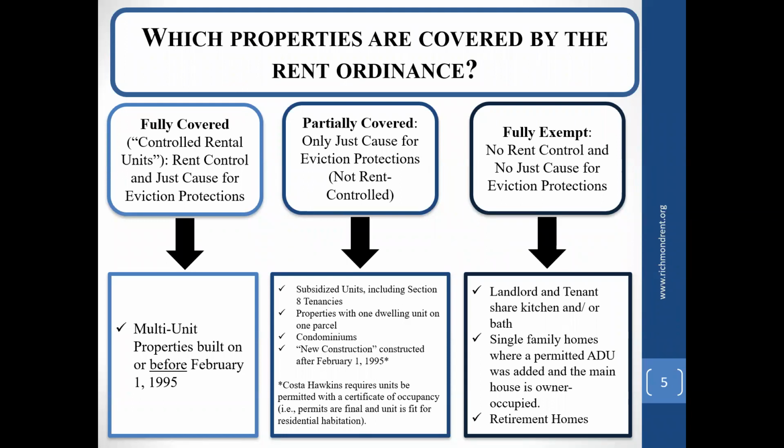Costa-Hawkins exempts property with single dwelling units on a single parcel and new construction properties built after February 1st, 1995. Single dwelling unit properties refer to condominiums and single family homes where there is no subdivision or in-law units.